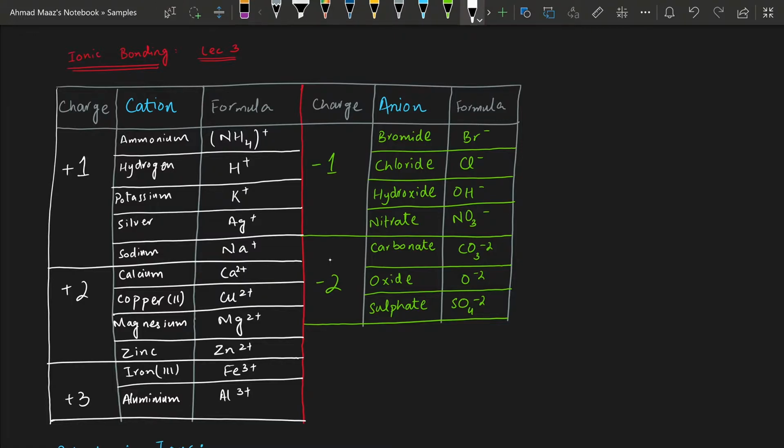Look at ammonium ion. Ammonium ion is NH4 positive, and hydrogen ion is H positive. Potassium, because it is in group 1, forms a K positive ion, or 1 positive ion. Silver again forms Ag positive.